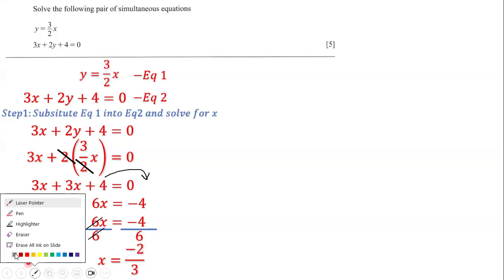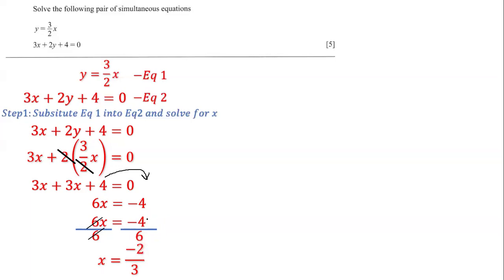We can divide both 4 and 6 by 2. 6 divided by 2 is 3, and negative 4 divided by 2 is negative 2. So we have that x is equal to negative 2 over 3.